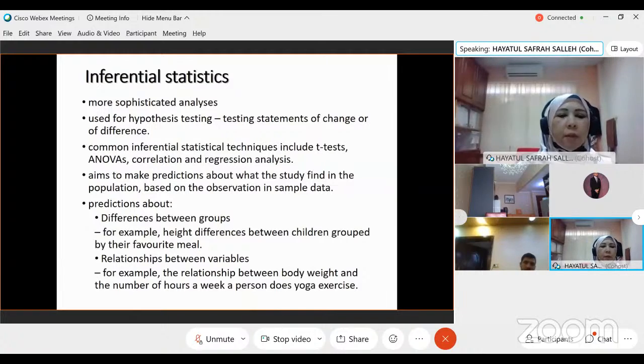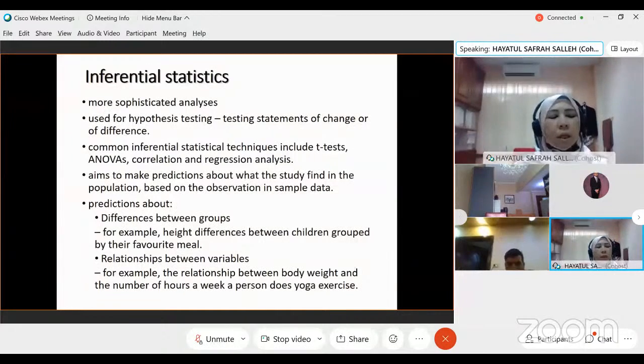Then in terms of predictions, you can predict differences between groups. For example, height differences between children's groups by their favorite meal. Maybe in your study you study children for 6 months or a year, to see their height with the favorite meal that they eat every single day.